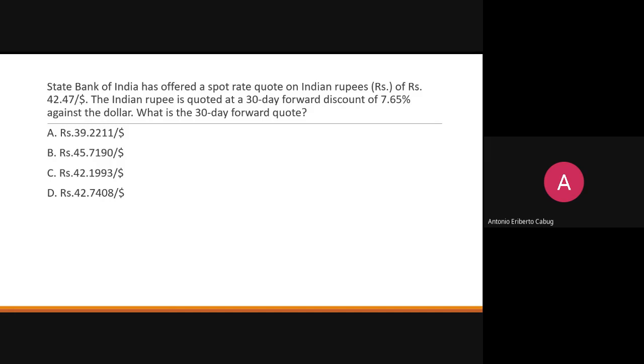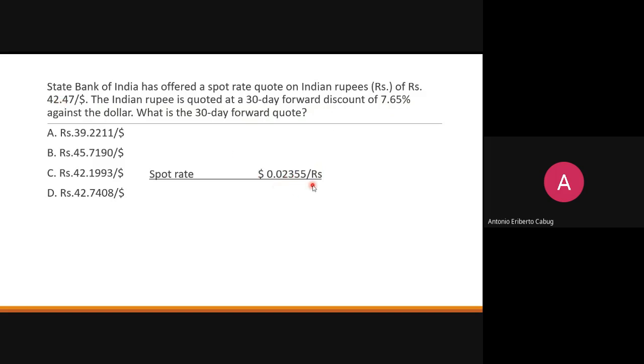So the spot rate of the Indian rupee is 0.02355. What is given here is the percentage discount of the rupee. Highlight: the Indian rupee is quoted at a 30-day forward discount of 7.65%. So the spot rate should be expressed in terms of dollars per rupee.